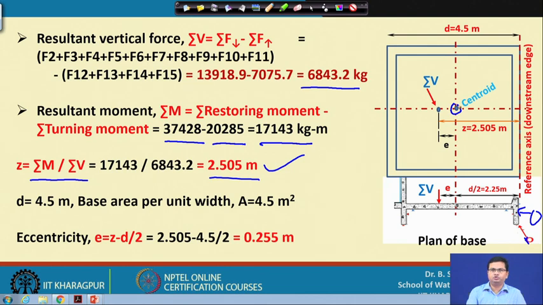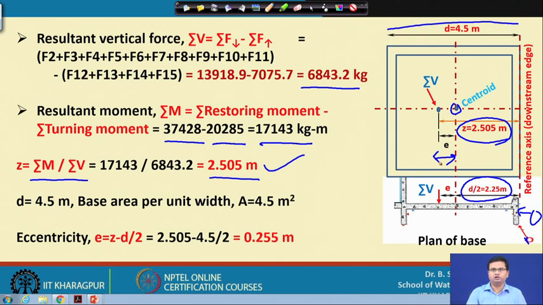This is d by 2, that is equal to 4.5 meter, and here Z is equal to 2.505 meter, which is just exceeding the center point or the centroid axis from this reference axis. But d by 2 is equal to 2.25 meter, and this is my eccentricity.